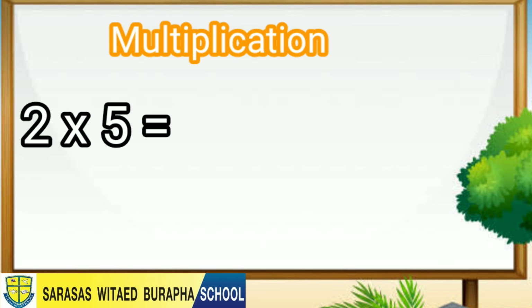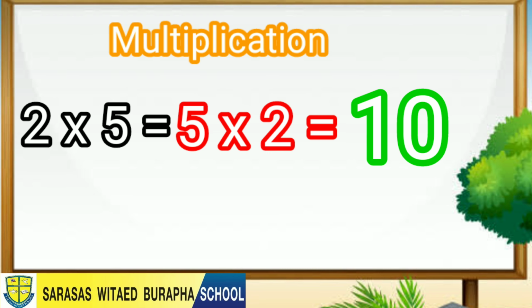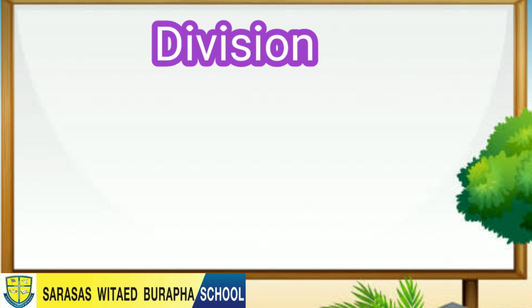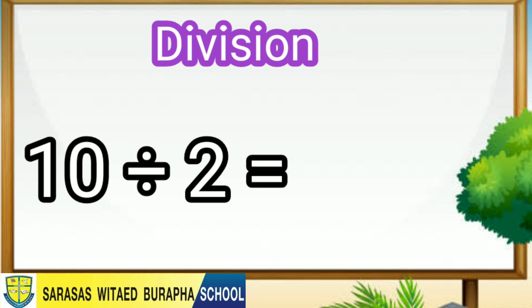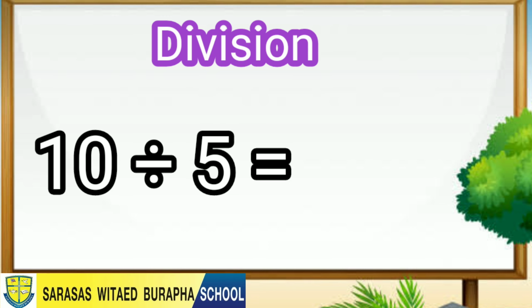That is equal to 5 times 2 equals how many? 10 candies. Now, the division facts are 10 candies divided by 2 is equal to 5, and 10 divided by 5 is equal to 2.